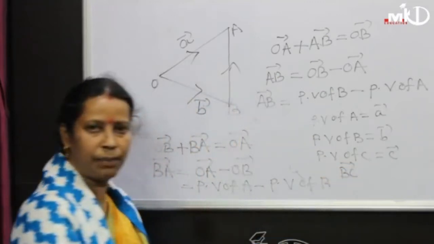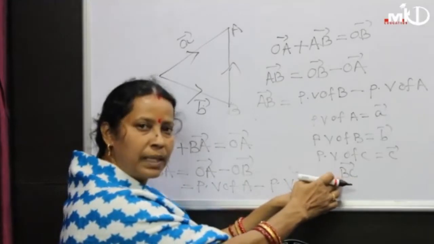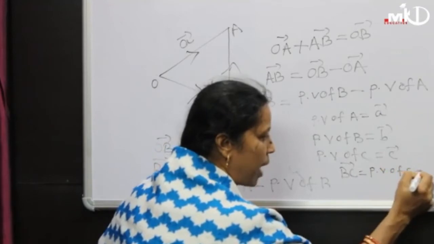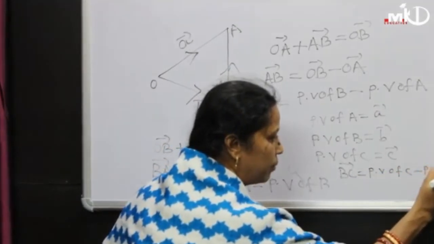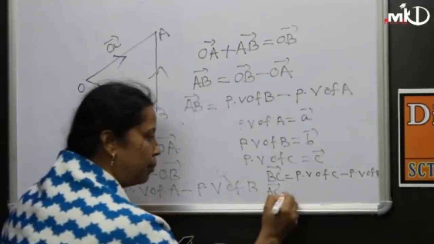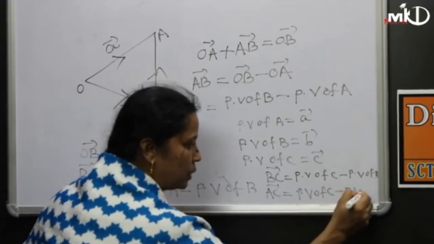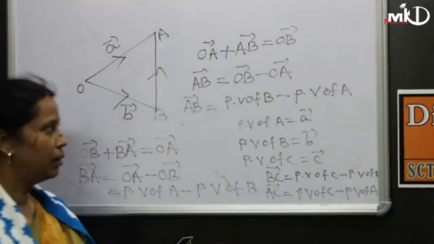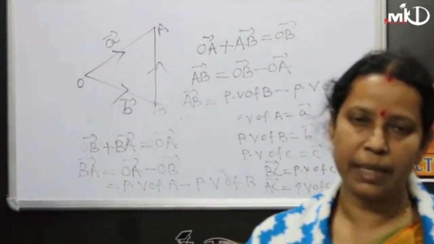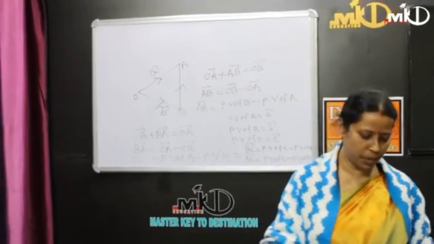Suppose BC vector: the terminal point is C and the initial point is B, so it is the position vector of C minus the position vector of B. Suppose we find AC vector. It is the same rule: the position vector of C minus the position vector of A. So with the help of the position vector we can express any vector. Okay, next we find the section formula.